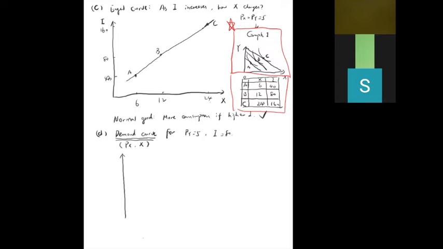So to draw the demand curve, we first need to label the axis. And we put price of X on the vertical axis and the unit consumption of good X on the horizontal axis. Because we want to hold income at 80 and hold the price of Y to be constant.